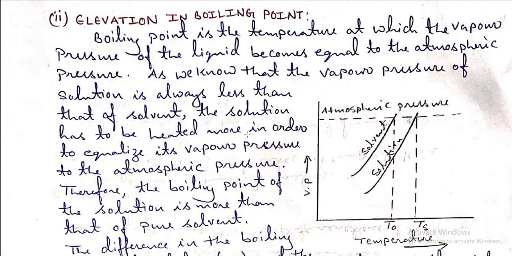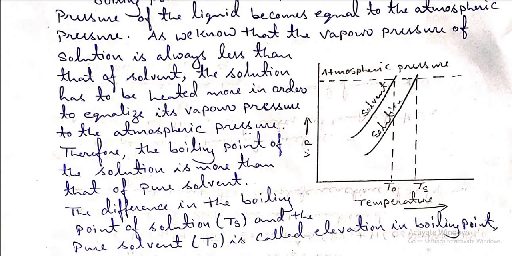Since the vapor pressure of the solution is less, the solution has to be heated so that the vapor pressure becomes equal to the atmospheric pressure. Therefore, the boiling point of the solution is more than that of the pure solvent.